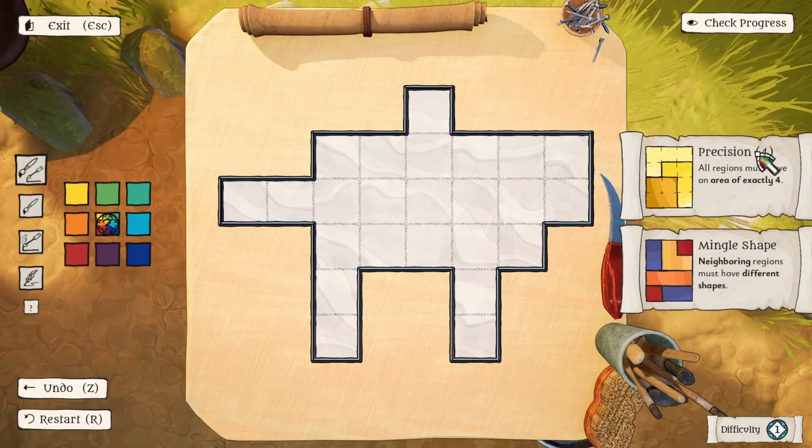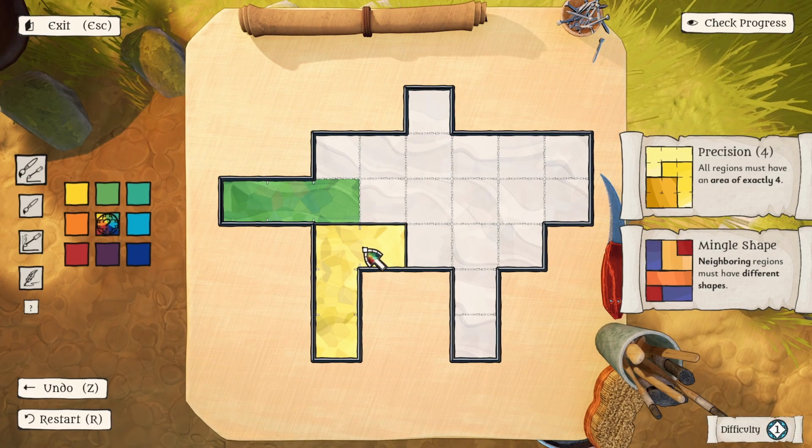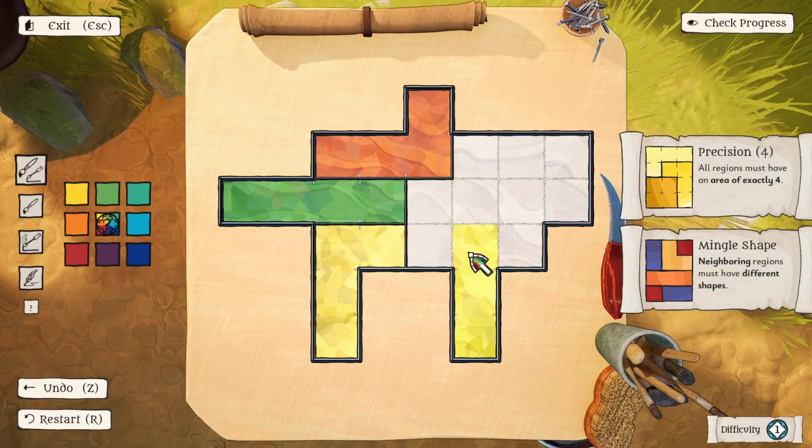Okay, this is precision combined with mingle shape. This takes 1 more. So this has to come out there. Now this can't be an L. That has to take that. This has to come out.